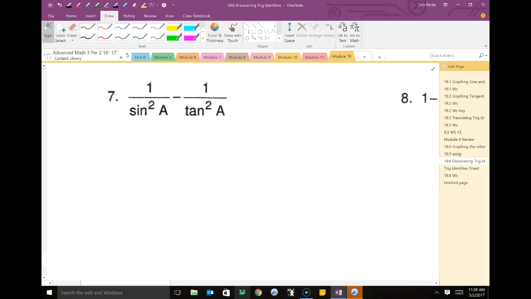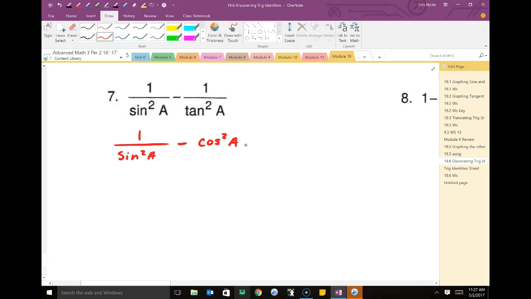Wait, say it one more time. So 1 over tangent squared would be cotangent squared. Do you guys see how 1 over tangent squared is cotangent squared, using its reciprocal?